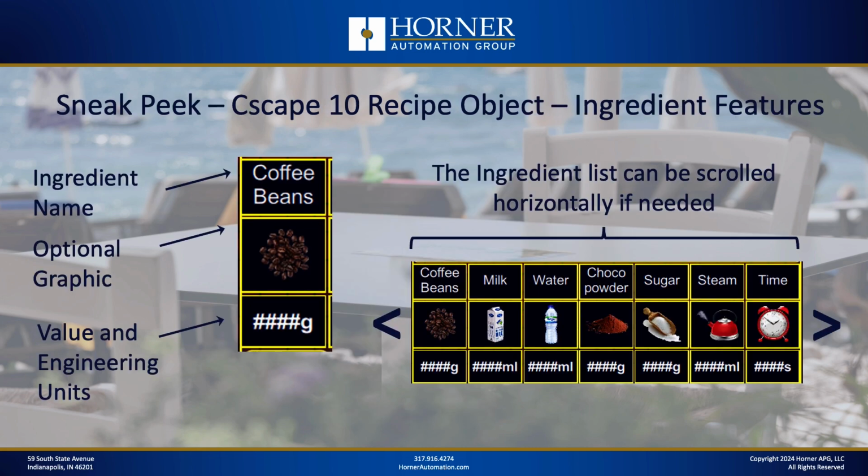Looking at the details of the ingredients, for each ingredient you have the ability to have a name, that optional image I was talking about earlier, as well as the value of that ingredient along with engineering units. If there are more ingredients than the available space on the screen, the operator will be able to scroll left to right through the list of ingredients.